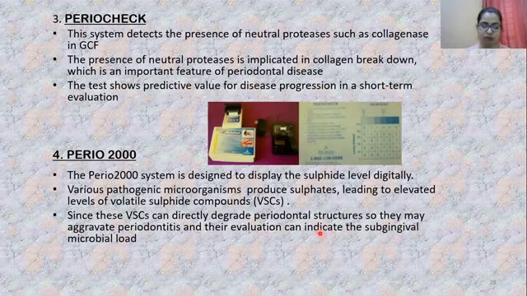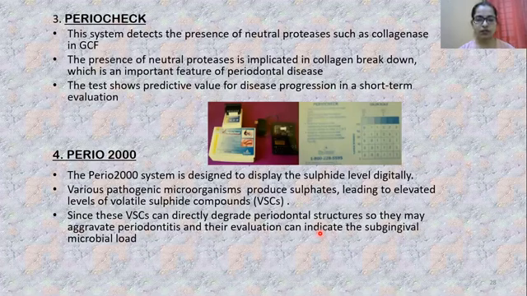And why we need to know this enzyme is because this enzyme is involved in collagen breakdown. So the presence of this particular enzyme can give us an idea about the progression of the disease, an important aspect of periodontal disease.